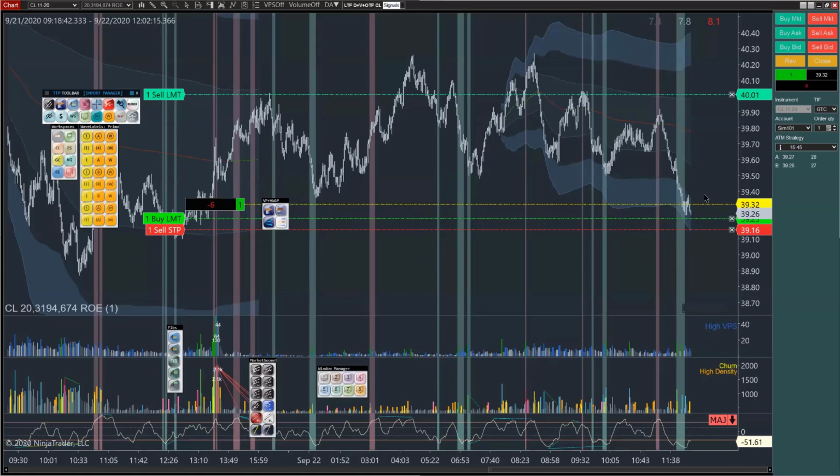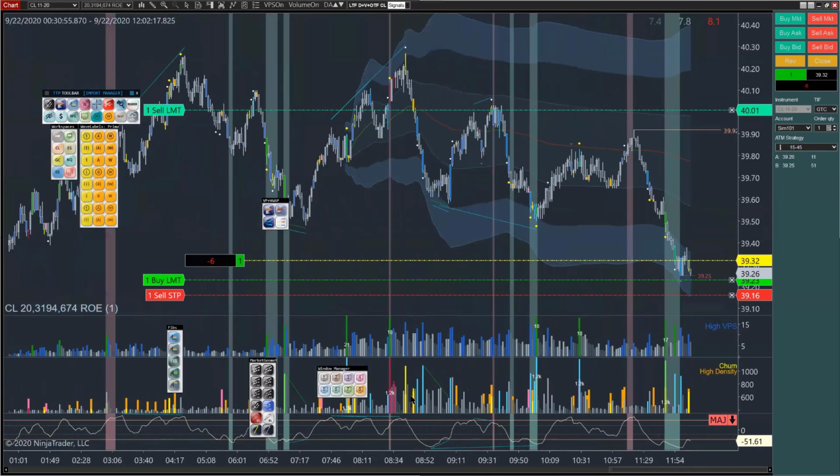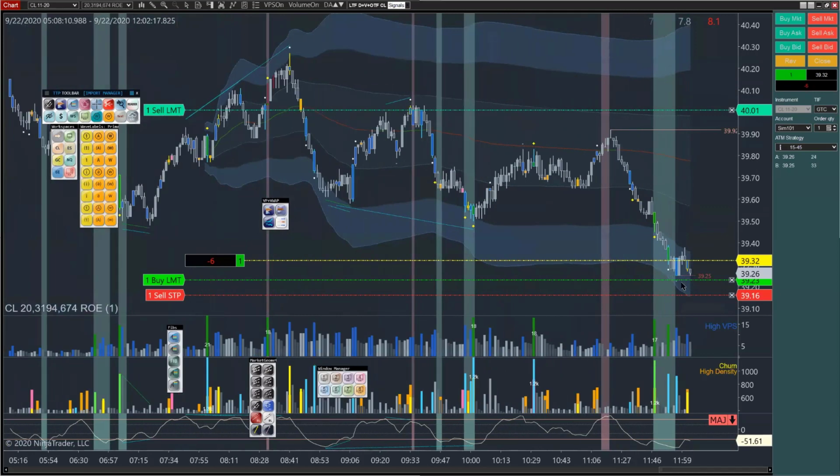So I want to see the sign of strength, as we've just seen, barely. And then I want to come back and test the low, tick it out, run some stops, and immediately reject to the upside.